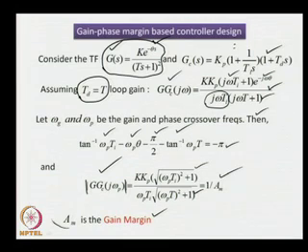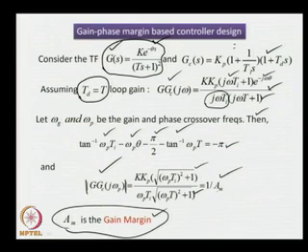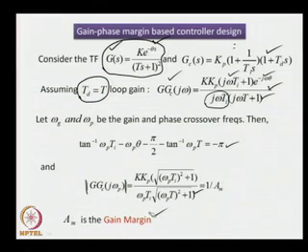We have taken Am as the gain margin, which gives us the loop gain as 1 upon Am. So, these are the two equations obtained using the phase crossover frequency point on the Nyquist diagram.